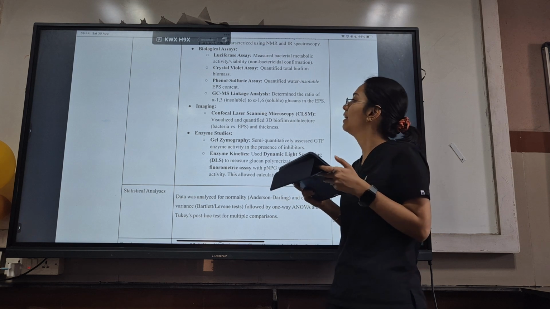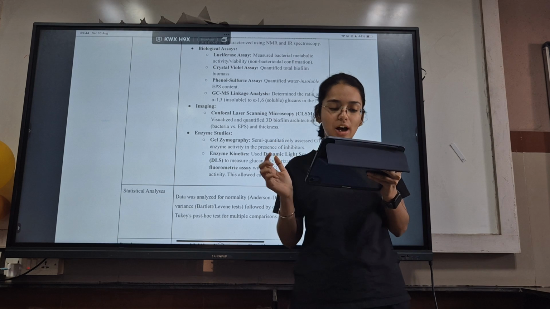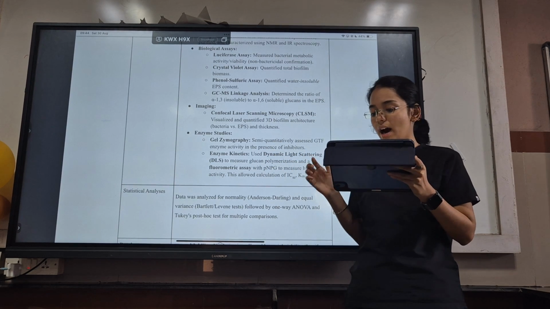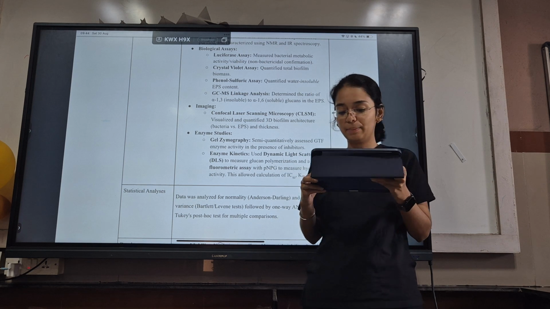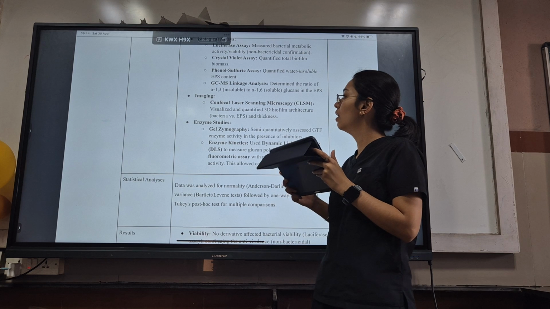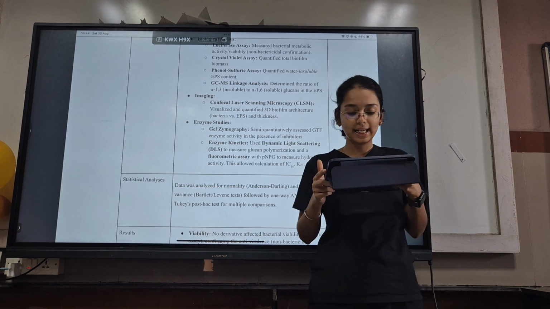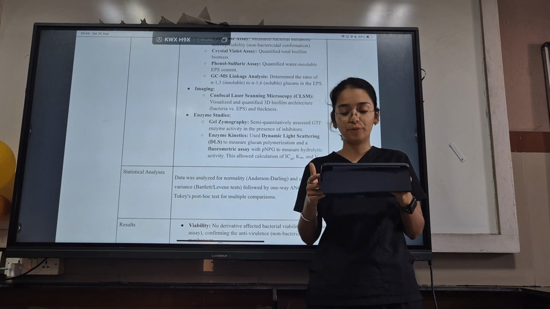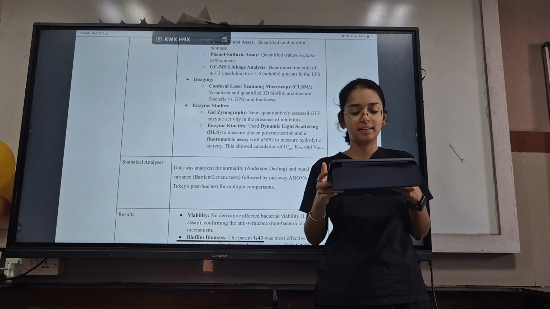And GC-MS linkage analysis was done to determine the ratio of alpha-1,3 insoluble and alpha-1,6 soluble glucan present in the EPS. Then spectroscopy imaging: they used a confocal laser scanning microscope to visualize and quantify the 3D biofilm structure, that is bacteria versus the EPS and its thickness.